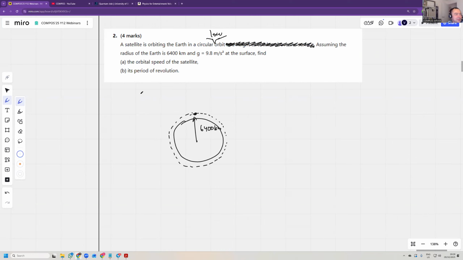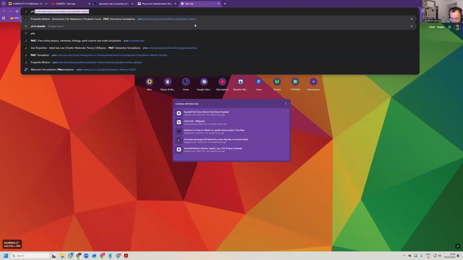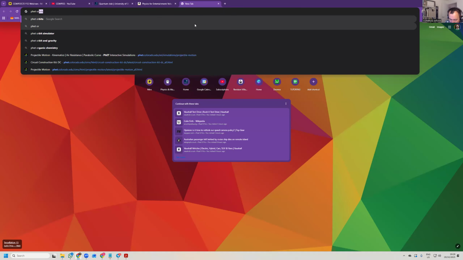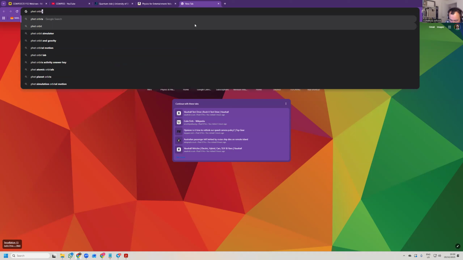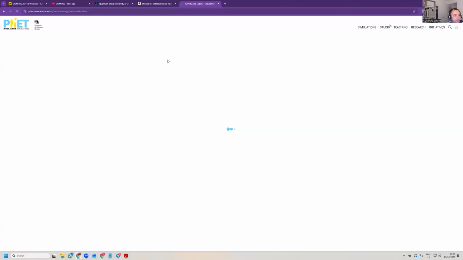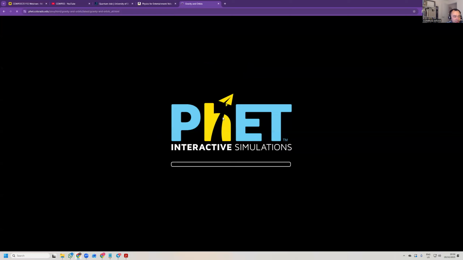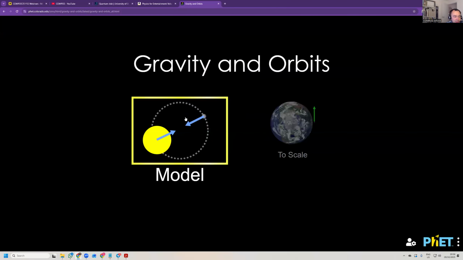So let's say it's a low orbit, and there's a satellite moving around the Earth, and we can have a look at it like this: orbital motion. This is how it looks like.